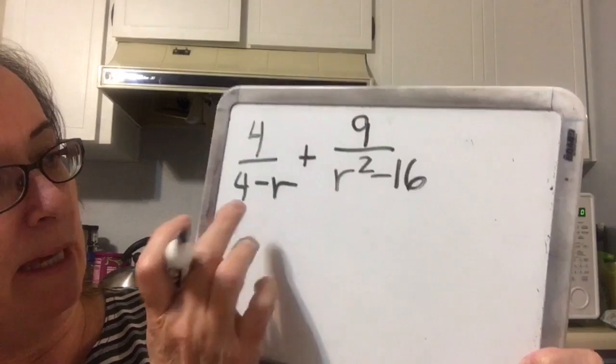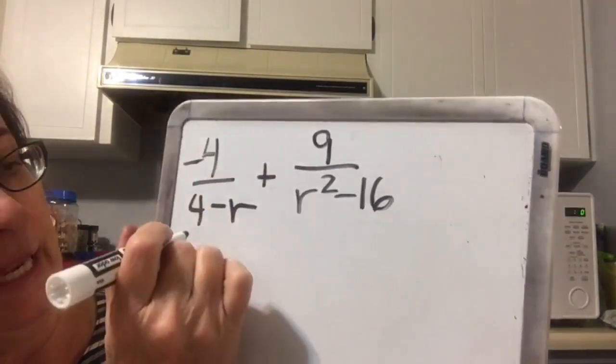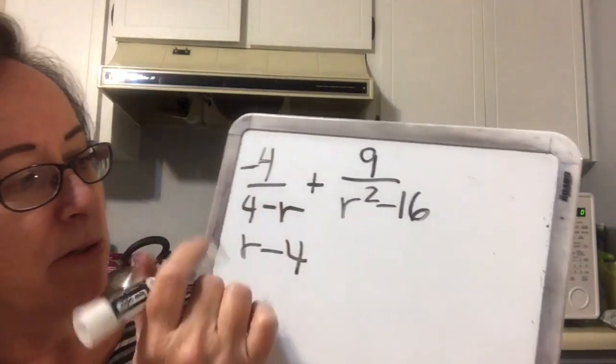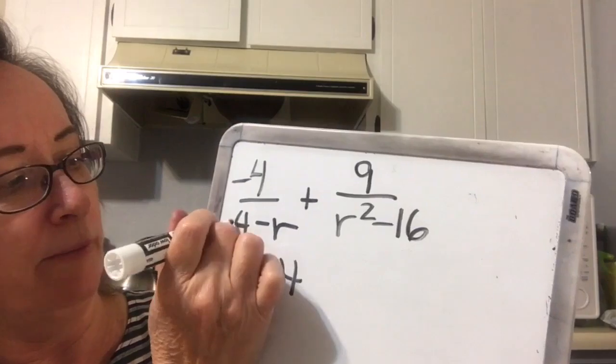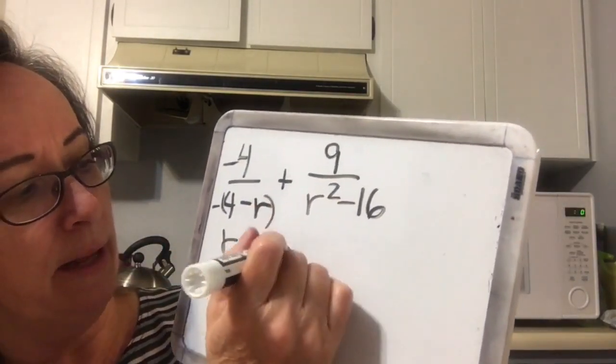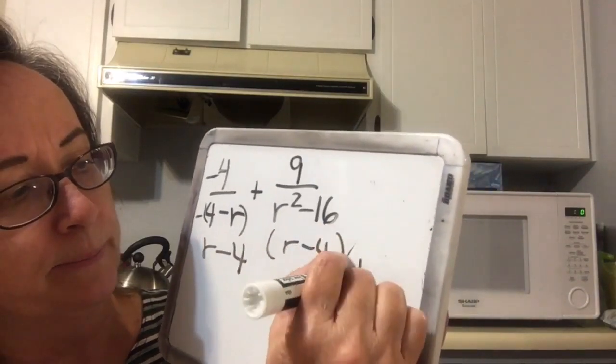And the last one for the section, this one I would multiply by a negative on the top and a negative on the bottom. When I multiply by the negative on the bottom, it turns around. You can show it if you want to there. Then over here, this one is becoming r minus 4, r plus 4.